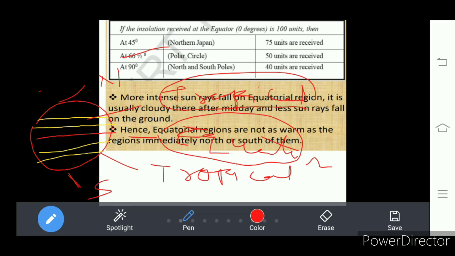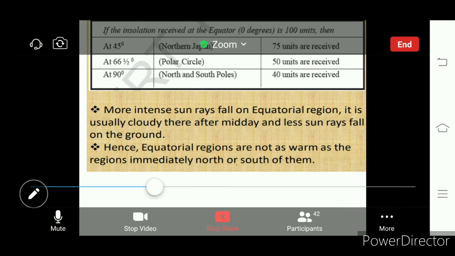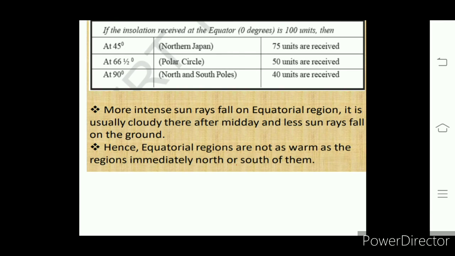So there is a factor influencing the temperature on the Earth's surface. What is that factor? It is latitude. So latitudes are important to know the insolation and the temperature recorded at different places.